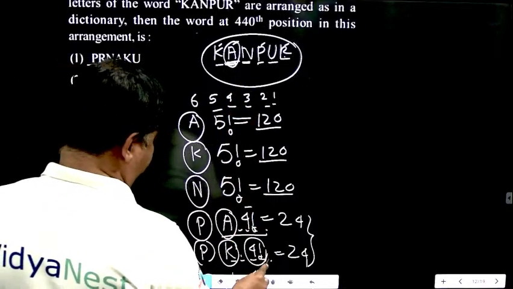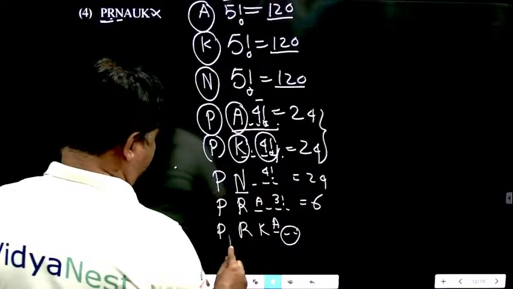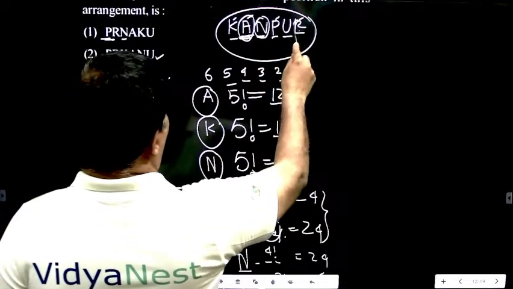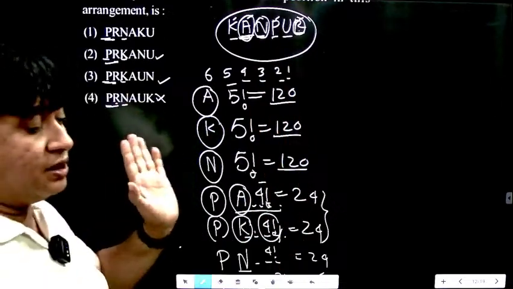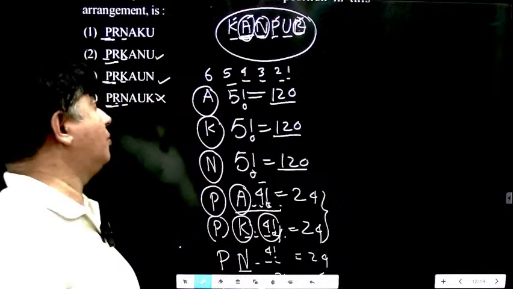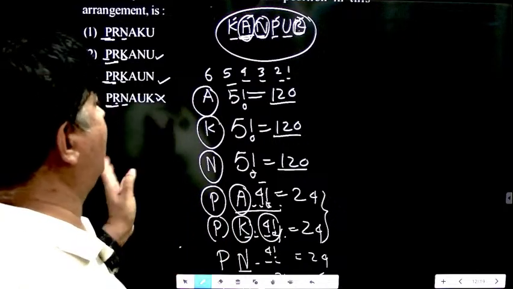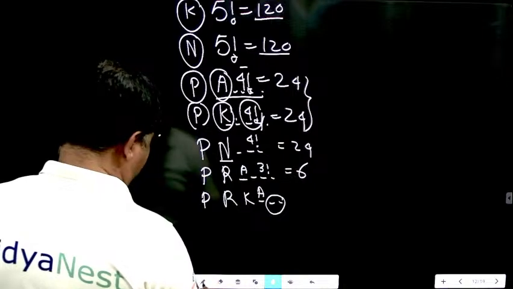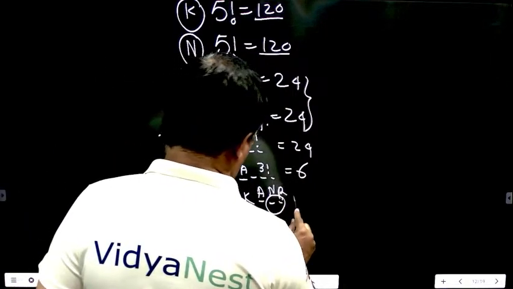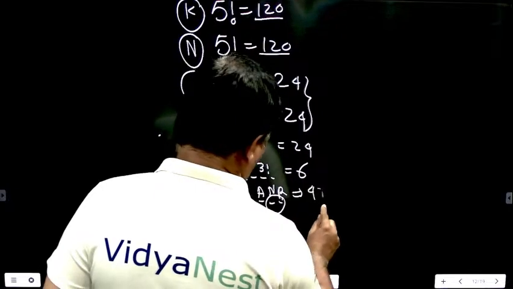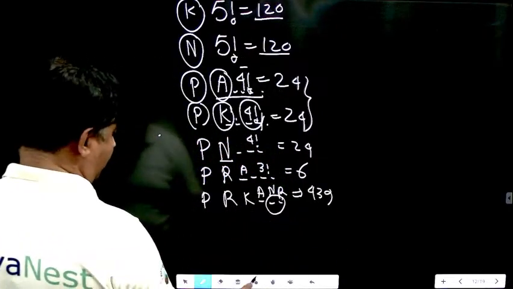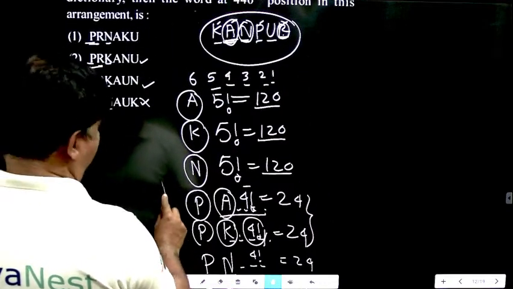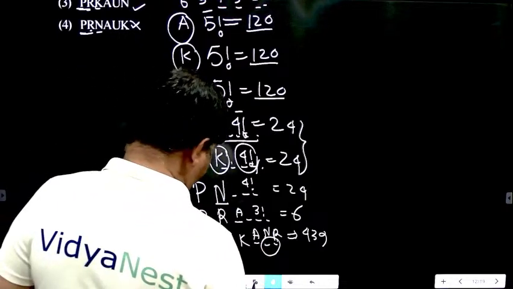See here, P R K A used. What is not used till now? N and U. In the dictionary, according to their position, what should we put first? N or U? N. So first you put N, then U. That is the 439th position. R is already used, sorry.